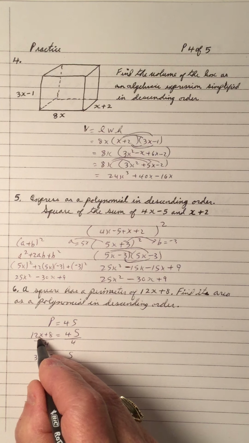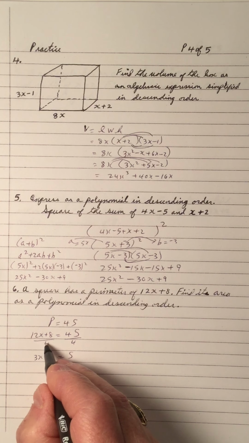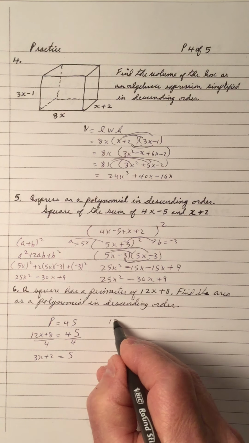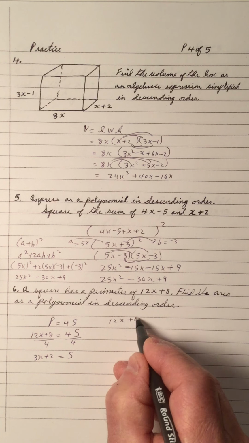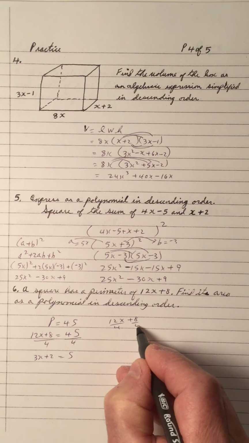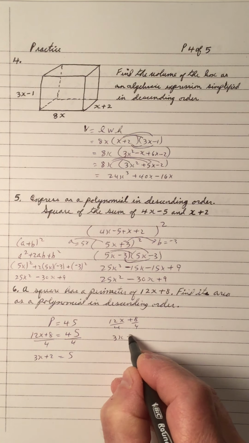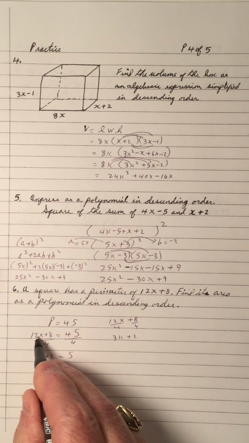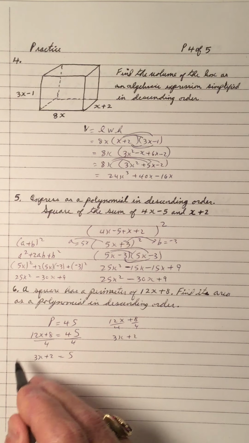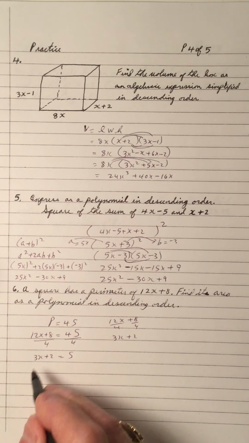Don't forget, it's 12x plus 8, and you're dividing both of them by 4. So that gives you 3x plus 2. 4 divides into both of these, not just the 12, not just the 8, both.